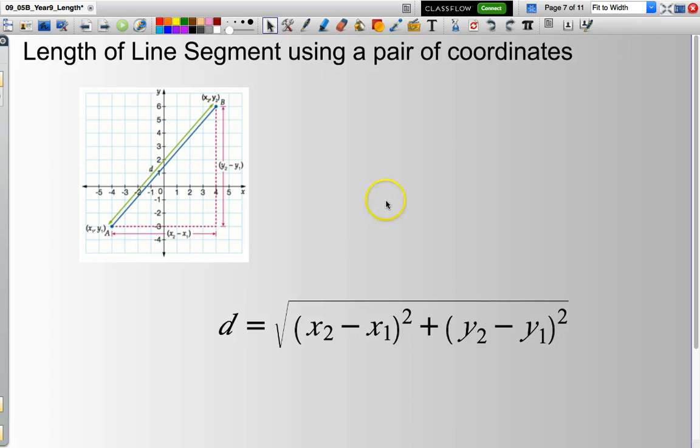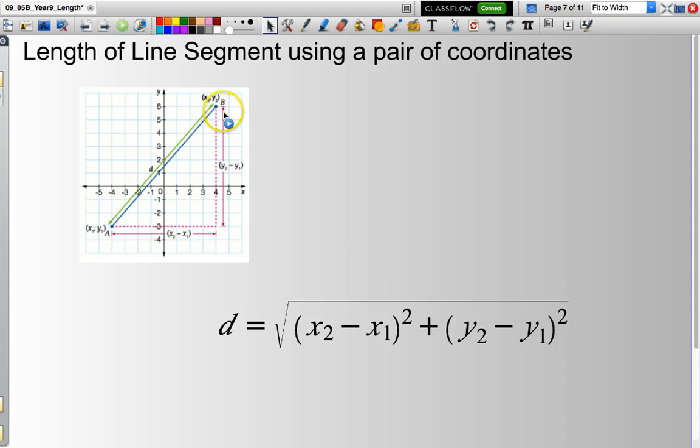Now, there is a generic formula that you can use. If I consider the x coordinates between here and here, the distance between those x coordinates is effectively one coordinate minus the other.